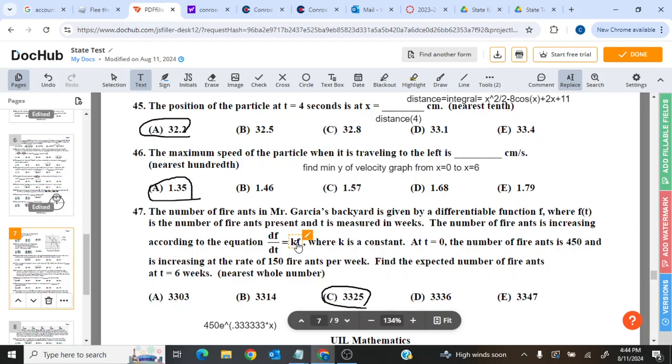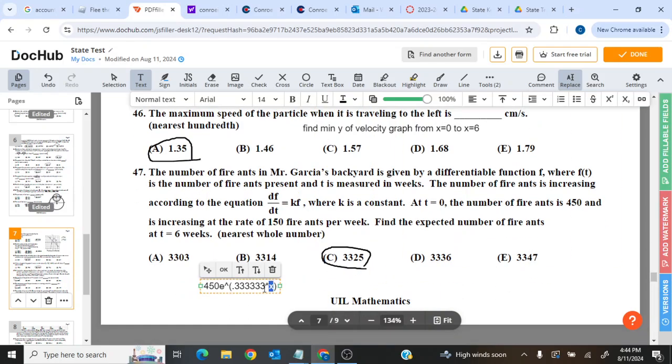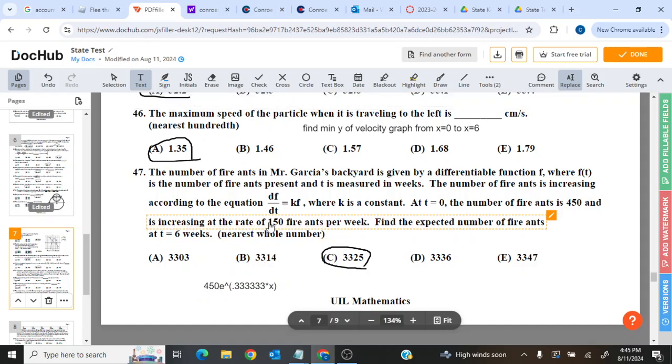So at time equals 0, the number of fire ants is 450 and increasing at a rate of 150 fire ants per week. At time equals 0, e to the power of 0 is equal to 1, so you have to multiply by 450. And now that you know the rate is increasing at 150 fire ants per week, well, the derivative of e to the power of some number times x is e to the power of that number times x, times that number.